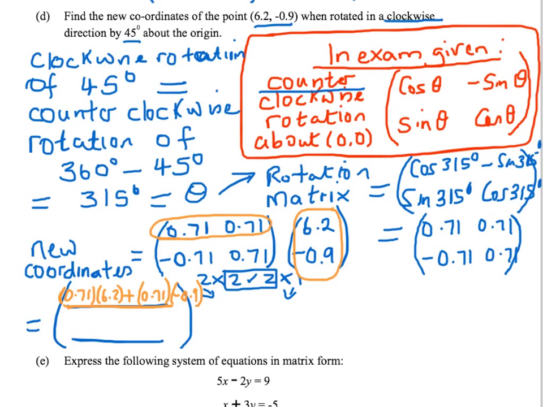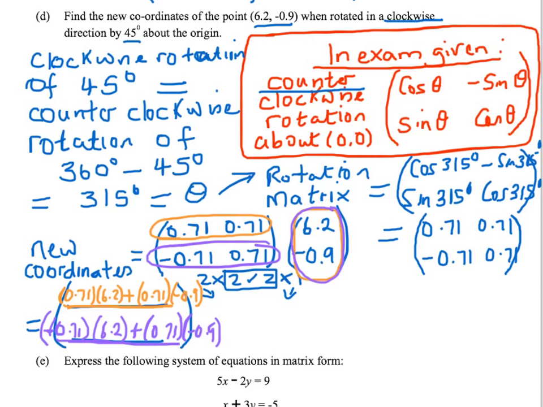To get the second entry, in the second row, first column, I take the second row of the first matrix and multiply it by the first column of the second matrix and add the corresponding values. So minus 0.71 multiplied by 6.2, added to 0.71 multiplied by minus 0.9.